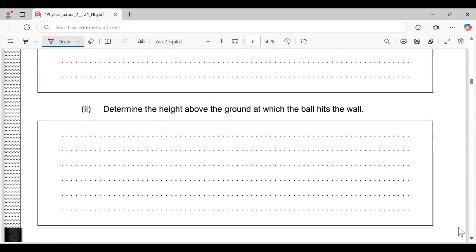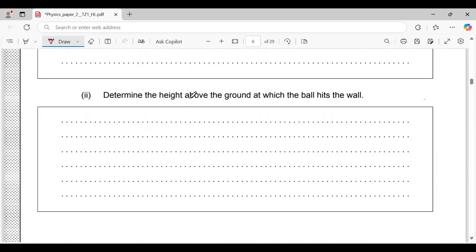Next. Determine the height above the ground at which the ball hits the wall. Okay. Initial vertical velocity, or initial vertical speed, I give the name V0y because it's happening on the y-axis.